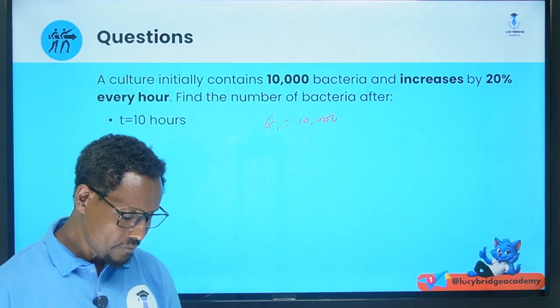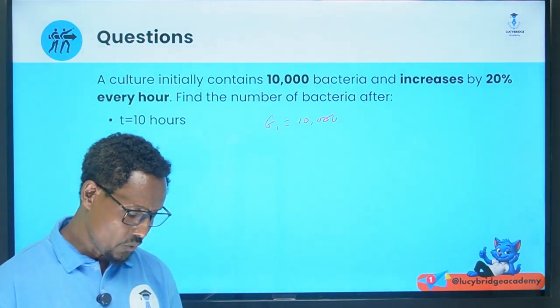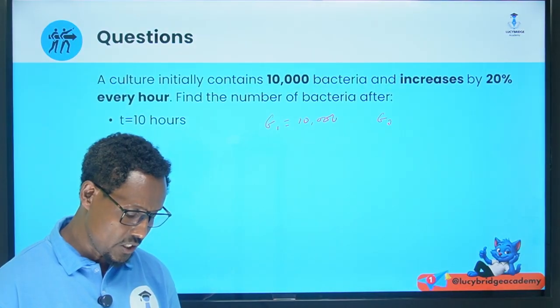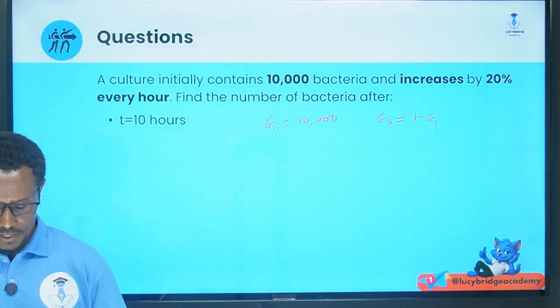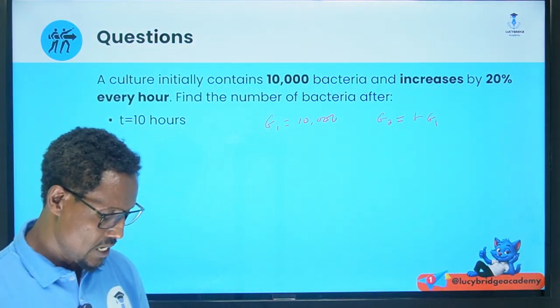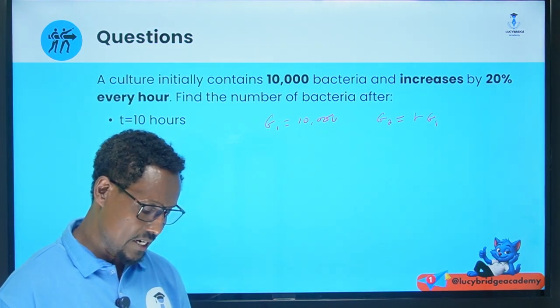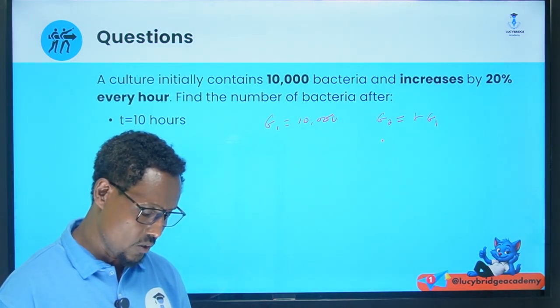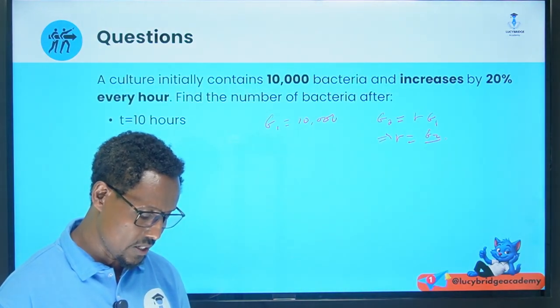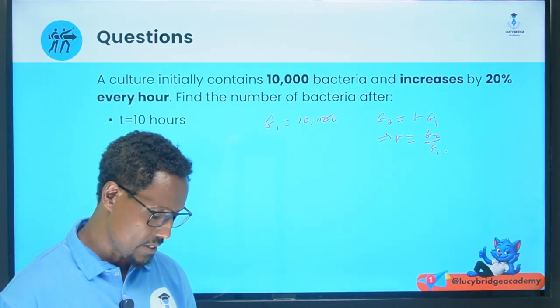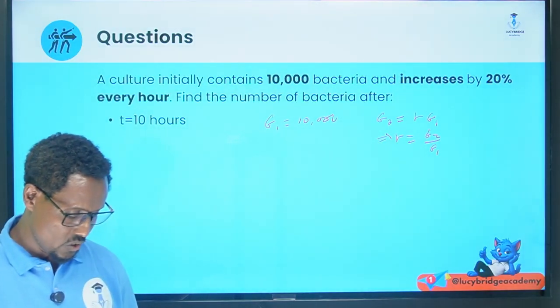So let me find G2. Yes, because G2 means G2 is equal to R times G1, okay? Or G2 over G1 is equal to R, which means we can find R, our common ratio.